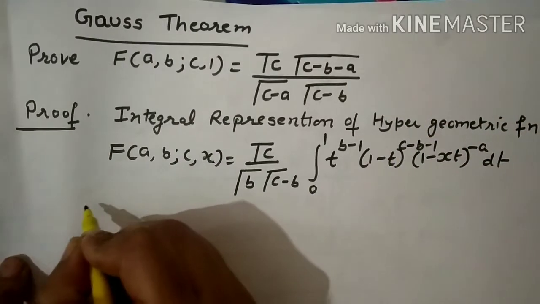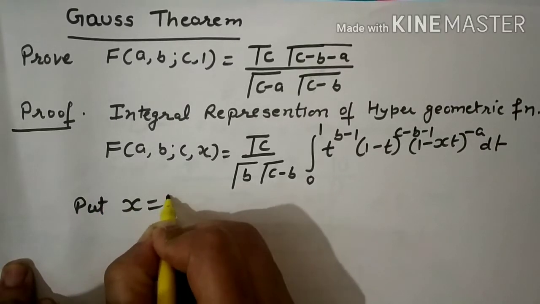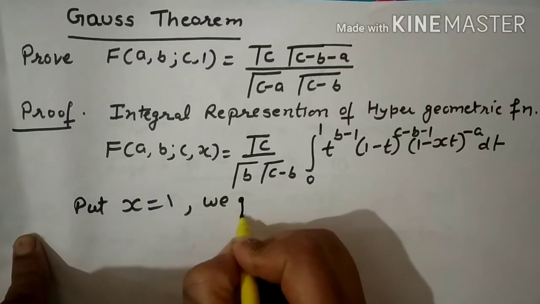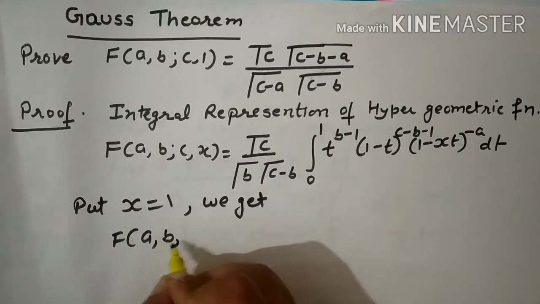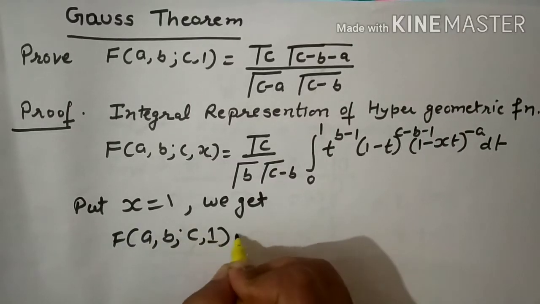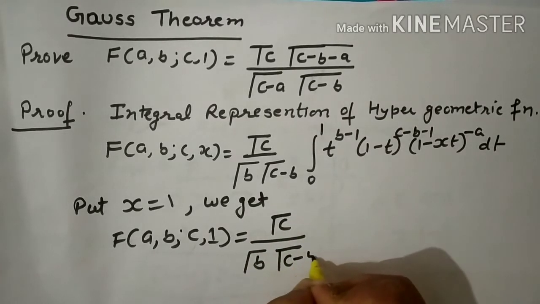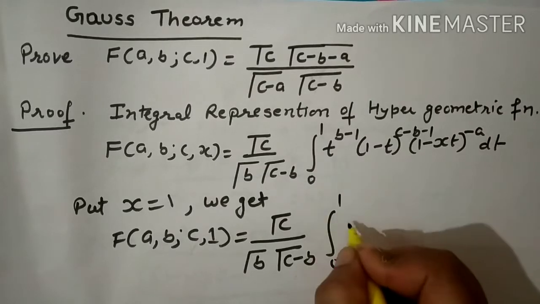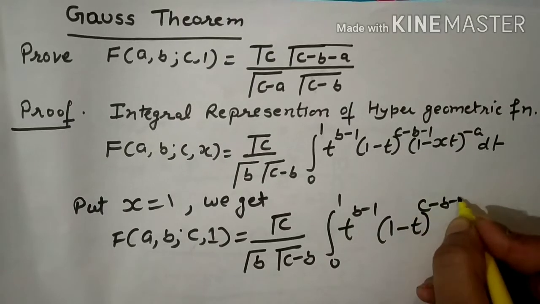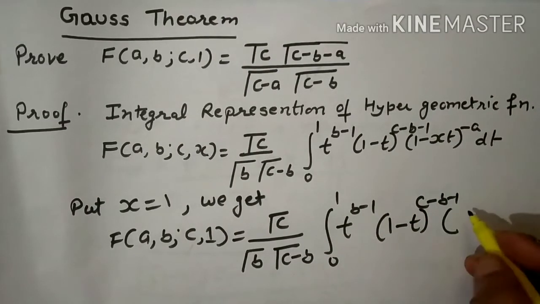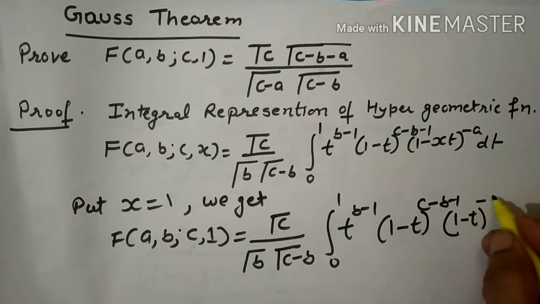So here now you put x equal to 1, we get F(a, b; c; 1) as gamma of c over gamma of b, gamma of c minus b as it is, times the integral 0 to 1 of t raised to power b minus 1, (1 minus t) raised to power c minus b minus 1, and here is the x which we put equal to 1, so it will remain (1 minus t) raised to power minus a dt.